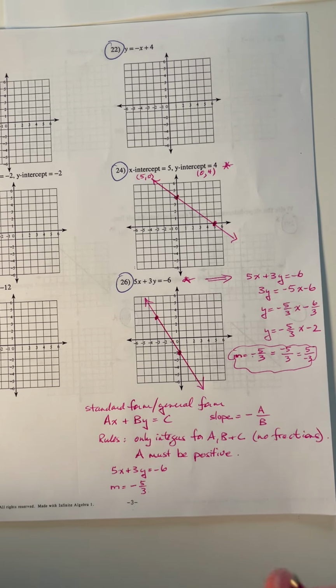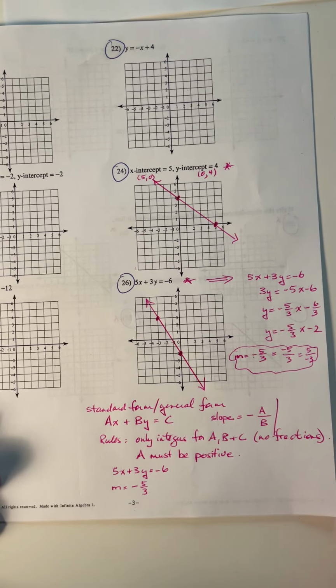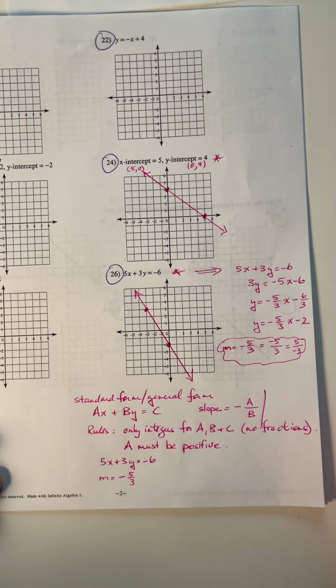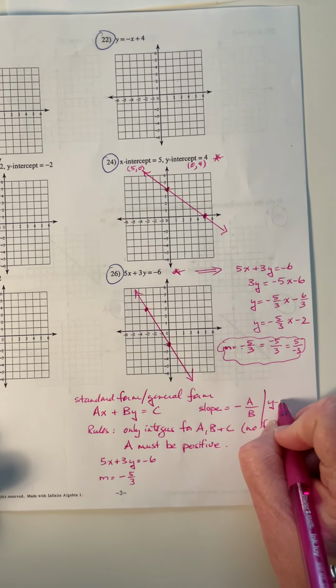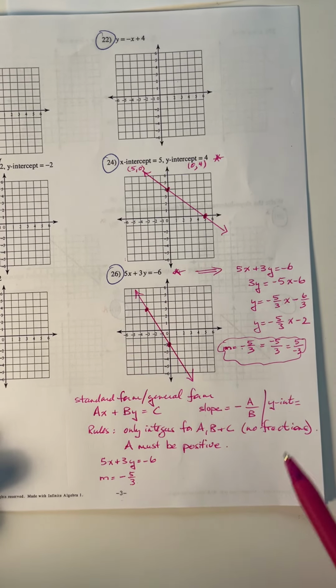Okay, now also we can figure out right now, and this will be true every time in standard form, what the y-intercept is equal to. We figured out over here it's equal to negative 2.